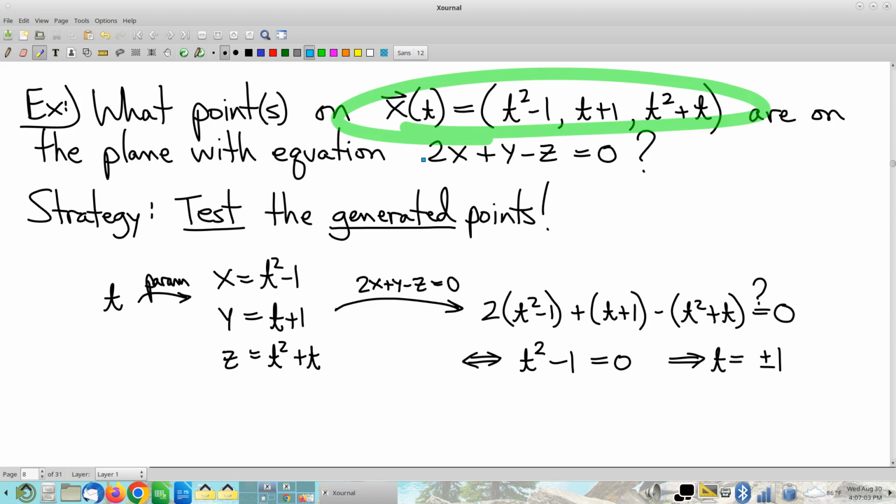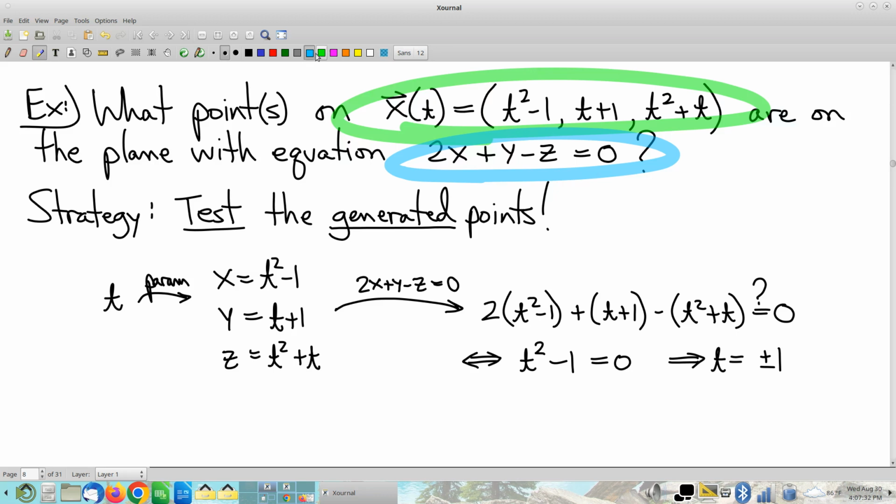We have an equation, which we will eventually learn in the next few class meetings. It turns out this is a plane. We'll worry about why that is later. Don't worry about that for the moment. We have a curve. We have an equation, which happens to be a plane. Where do they intersect? What points on this curve are also on this plane?